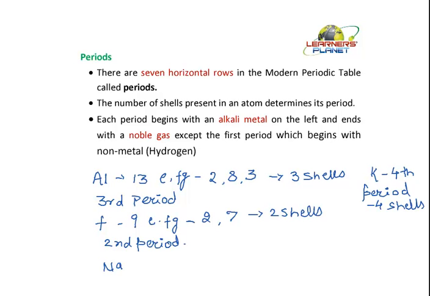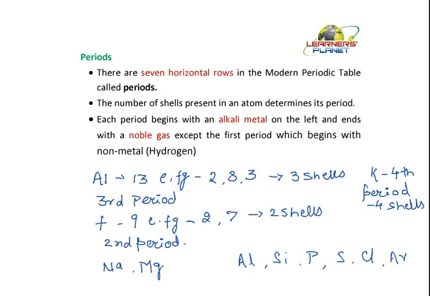Then after that, what will be coming? Magnesium. Then aluminium. Then comes silicon. Then phosphorus. Then sulfur. Then chlorine. And there is what? The noble gas. So it would be argon.